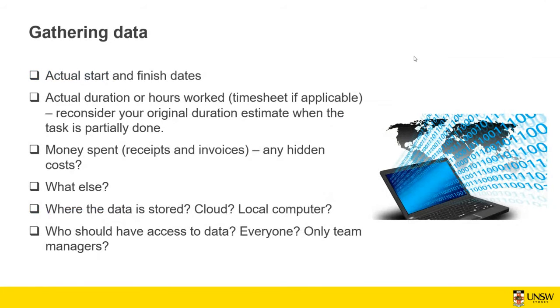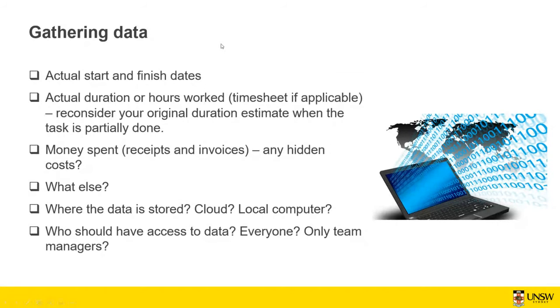Okay, so what kind of data do we need to gather? First of all, for each task or work package, you have an actual start and finish date. You plan some start and finish date, but most of the time it doesn't happen at the exact time that you planned it. So you need to gather data on when it actually started and when it finished, and then compare it with your baseline as per your project plan.